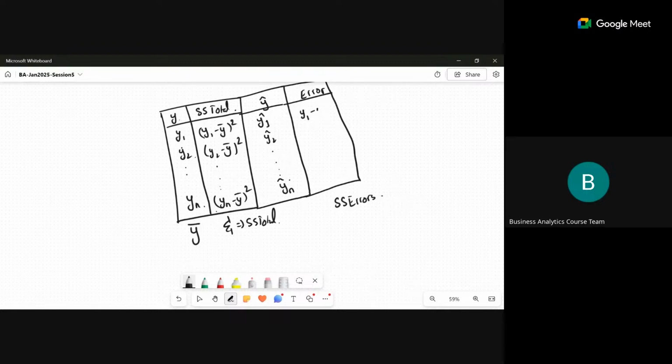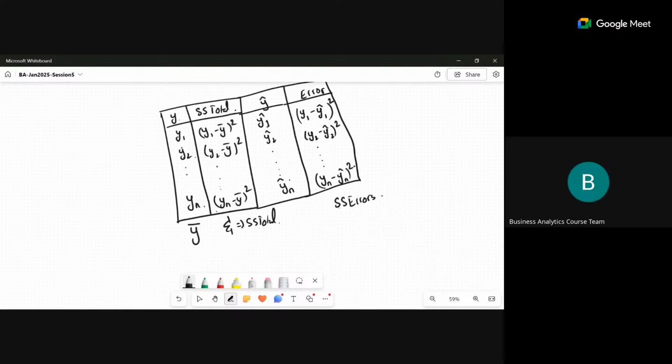So Y1 minus Y1 hat is your error, and we want the sum of squared errors, so this will be squared. Always remember it is actual minus predicted, because you have error measures like MAD, MFE, MAPE, tracking signal, which are dependent on sign. So always remember error means actual minus predicted. When you square it, it does not matter, but that is the definition.